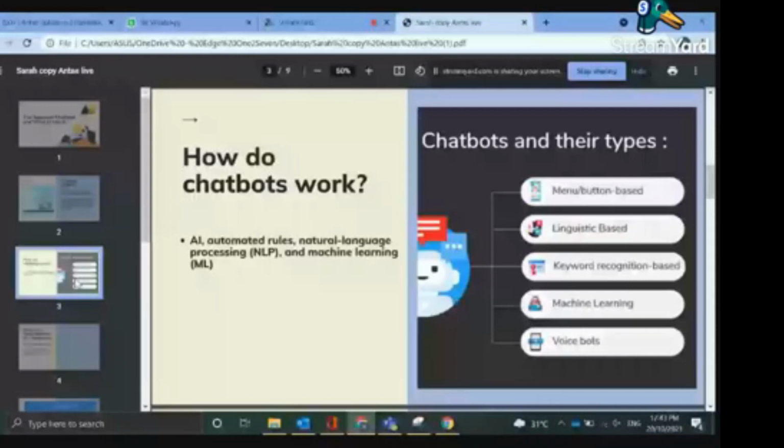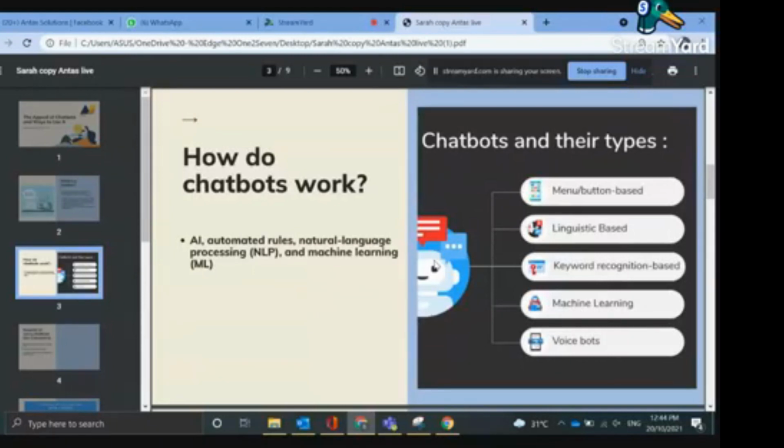The menu-based button chatbot is the most commonly used, which is the bot that comes up with buttons. Linguistic-based chatbot is based on the questions that are asked. Depending on what type of question, one question could be asked in different ways. That is called linguistic-based. The third is keyword recognition based.